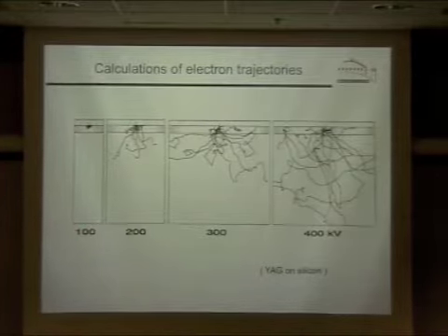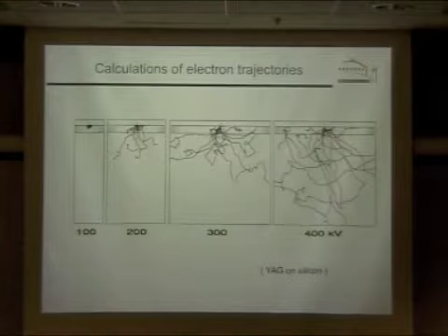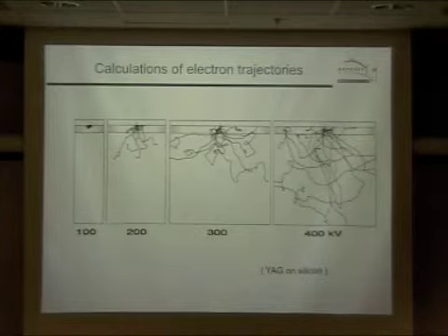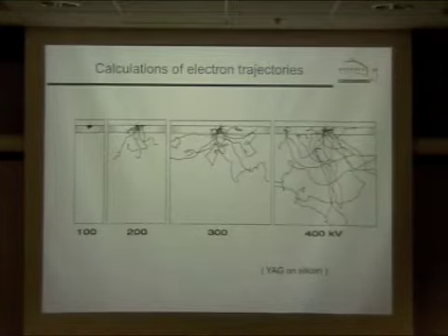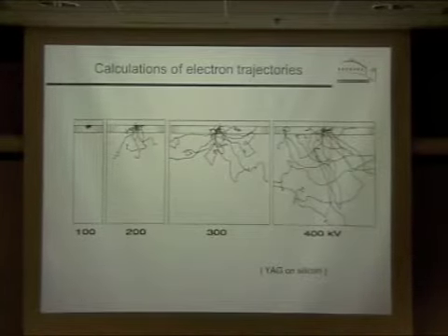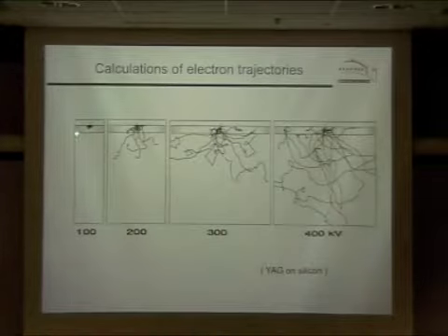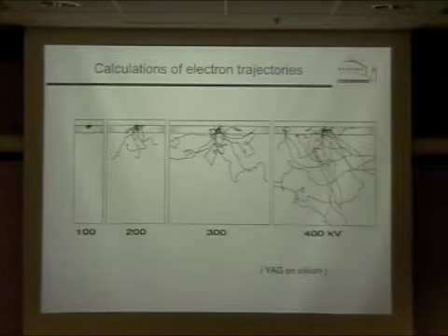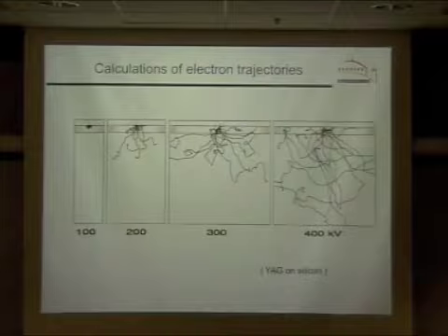These are pretty good simulations. They're not meant to be the absolute true representation of what's happening in the real system, but they're a very good qualitative description of what happens when you hit the YAG scintillator with 100 kV electrons, and they all stop in the first.